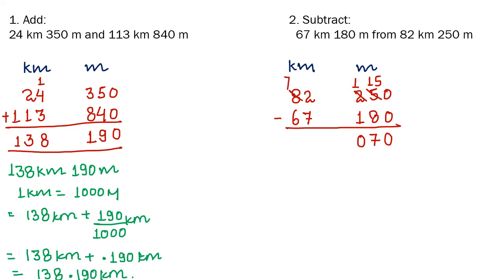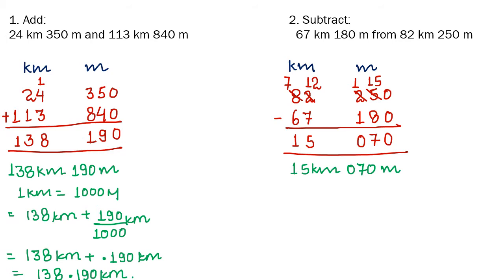So it will be 7 left here and here we will get 12. 12 minus 7, 5 and 7 minus 6, 1. Therefore, answer is 15 kilometer 70 meter.